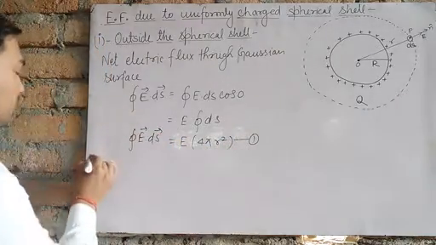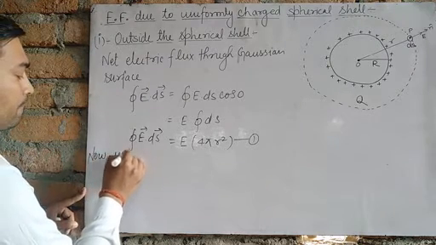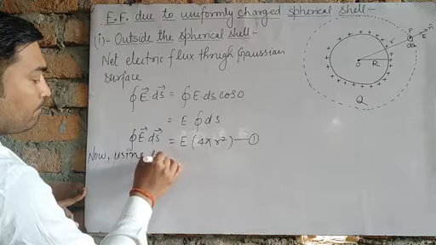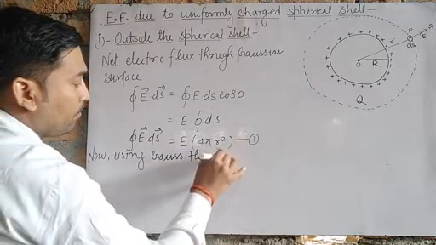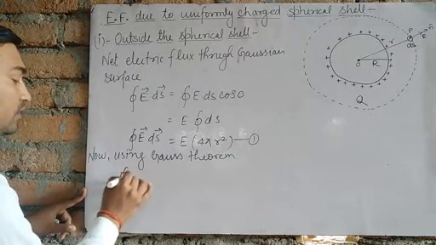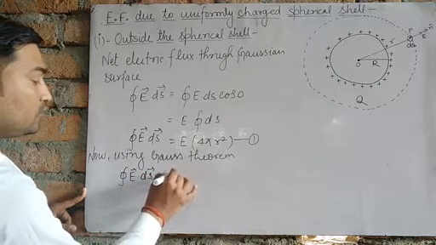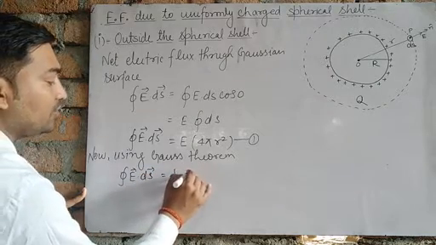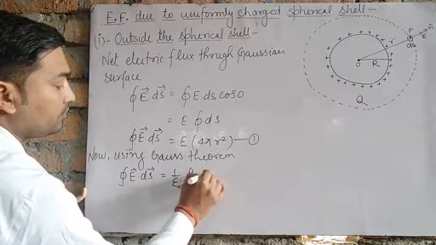Now using Gauss theorem, the closed integral of E dot ds equals 1 upon epsilon naught times the net charge enclosed, q net.